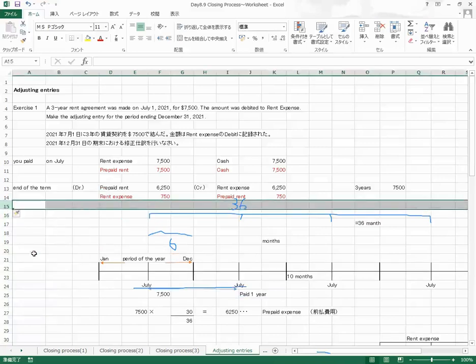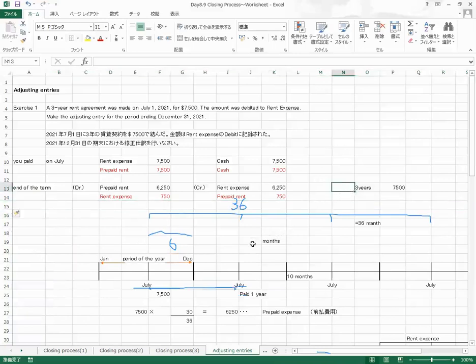So in this case, the adjusting entry will be rent expense 750, that is the real payment, and prepaid rent 750, because it is subtracted from the prepaid amount.